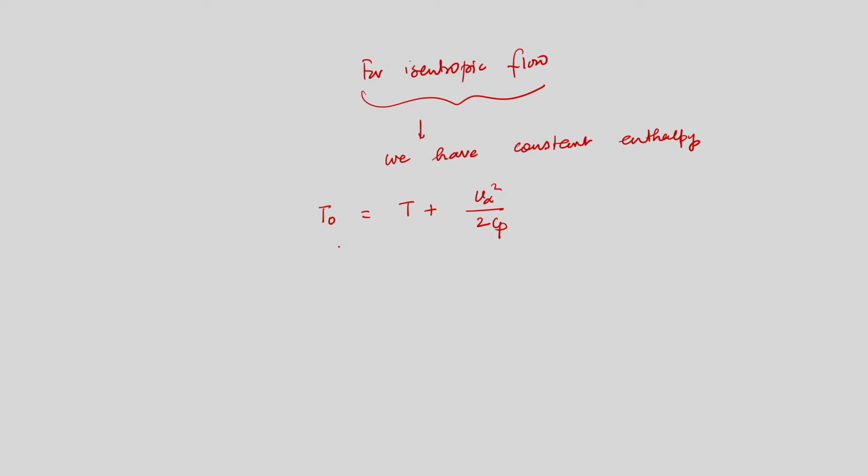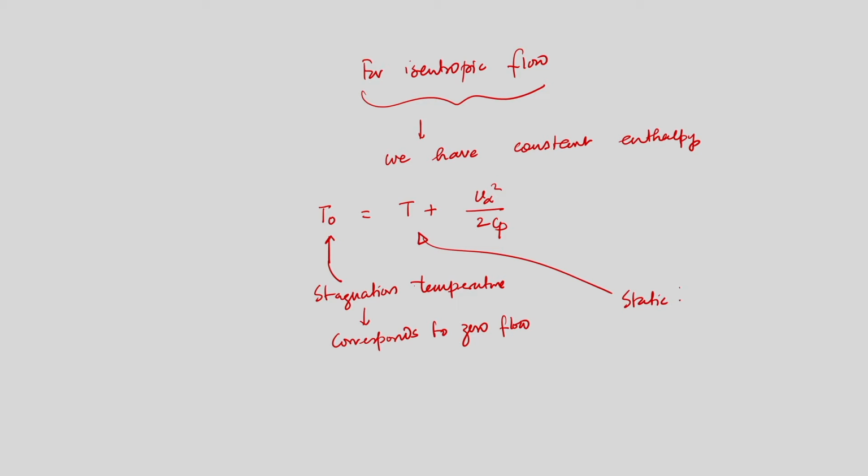This T naught is known as the stagnation temperature, which corresponds to zero flow, and this T is the static temperature corresponding to the free stream condition.